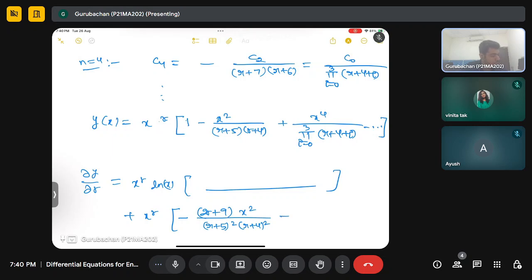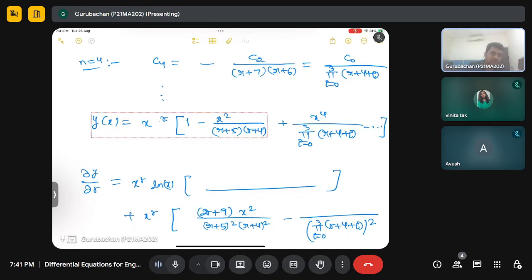plus. In the similar way, if you will do the other differentiation, you will get some quantity, and which is like that, I 0 to 3 r plus 4 plus I, this whole square, and this will be negative sign, so this will be positive sign, so negative sign, so you will get r plus 4 plus I, r plus 4 plus 0, r plus 4 plus 1.